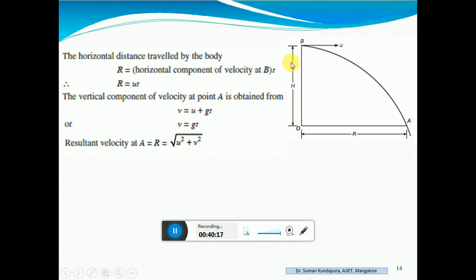Now always remember the ball is thrown from this point, so it is in the horizontal direction, there is some velocity, whereas in the vertical direction the velocity is 0. That is the vertical component of this particular velocity is 0. There is no velocity in the vertical direction. So ux is equal to u, uy is equal to 0.